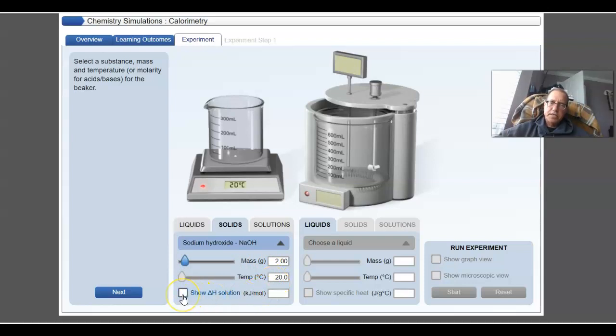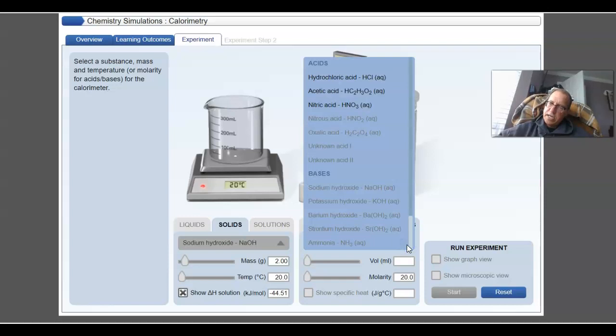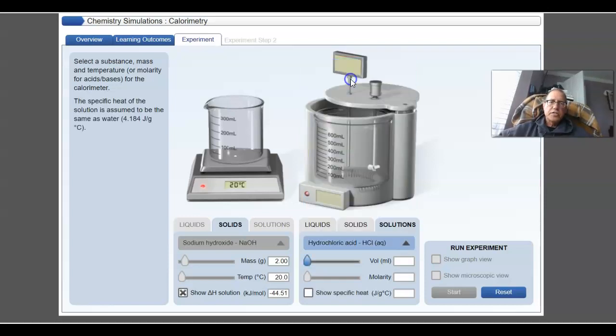Temp, we'll keep it there. Good. Sure, if you want to. All right, and then we're going to put that into 100 grams of half a molar. So I'll hit next. I'll go to solutions. You can see the temp's 20 degrees. So we want to have hydrochloric.